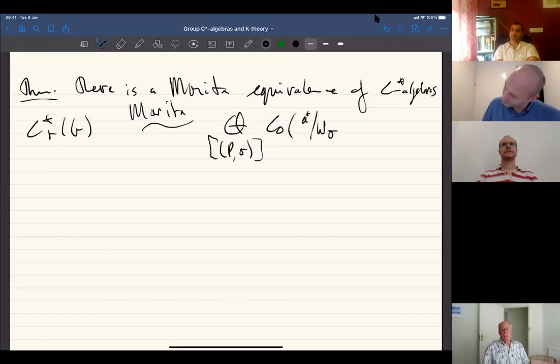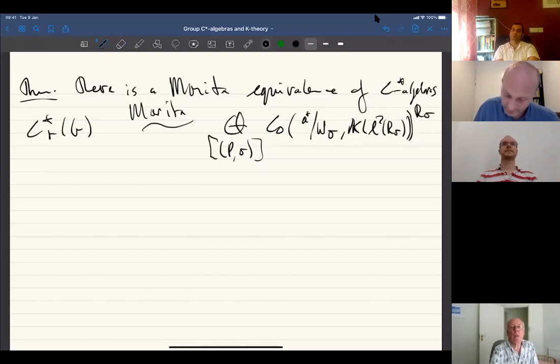No, sigma K L2 of R sigma and then the invariance.